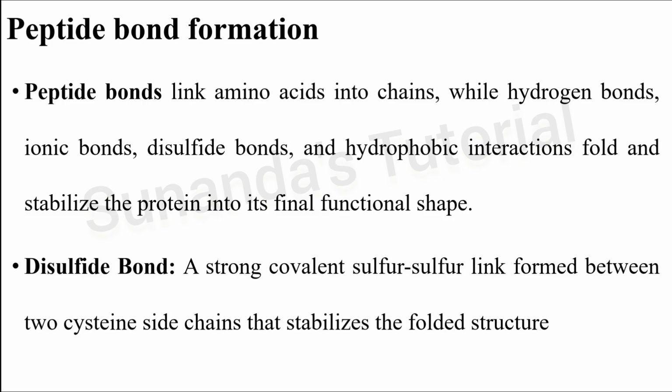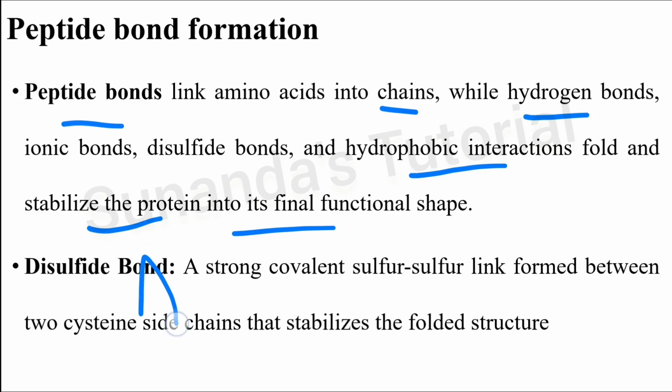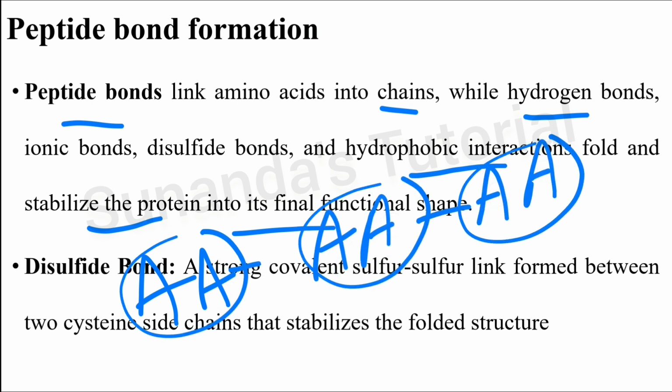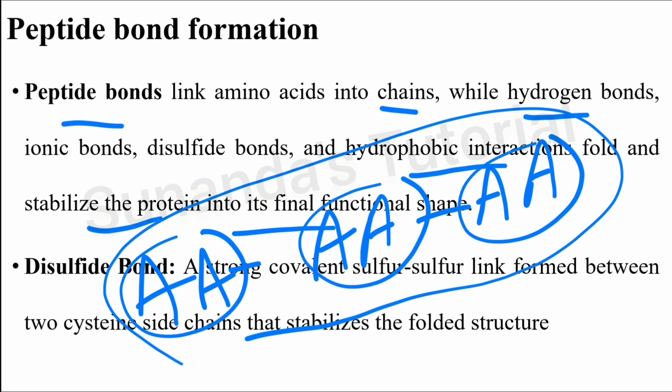So peptide bond links amino acids into a chain, while hydrogen bond, ionic bond, disulfide bond, and hydrophobic interactions fold and stabilize the protein into its final functional state. Once the primary structure of protein is formed, then these bonds fold that linear chain of amino acids and stabilize the protein into its final functional shape.